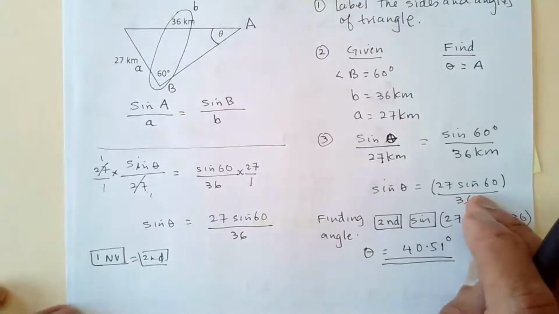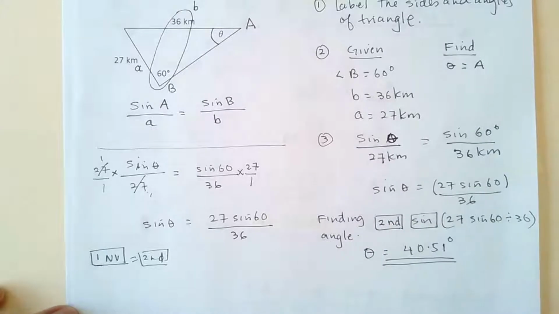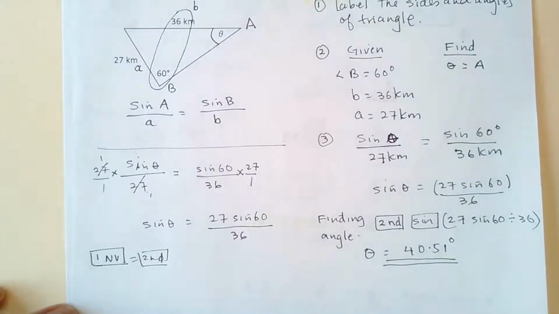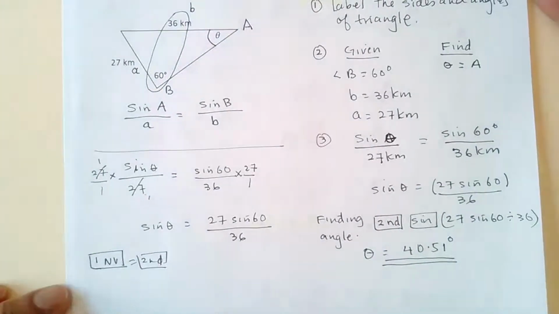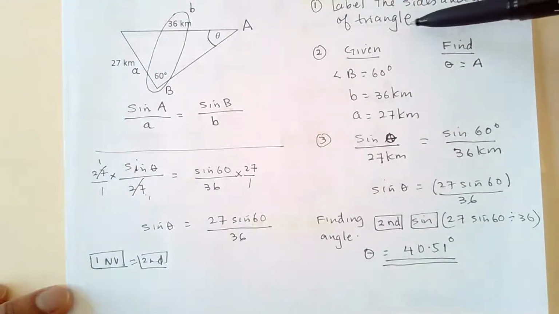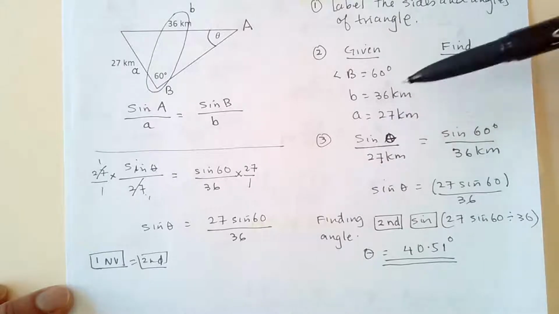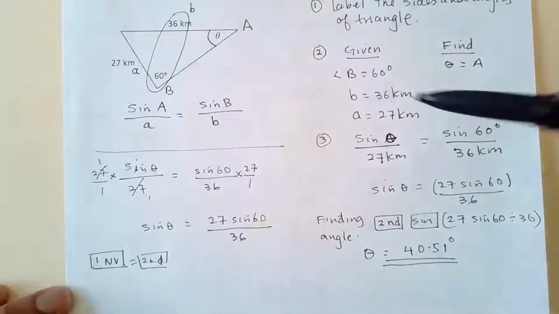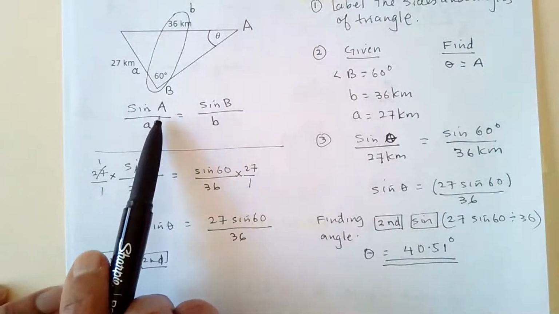Now, so step one in finding the missing angle of an oblique triangle is to label the sides and angles of a triangle, A and B. Then record our sine rule.